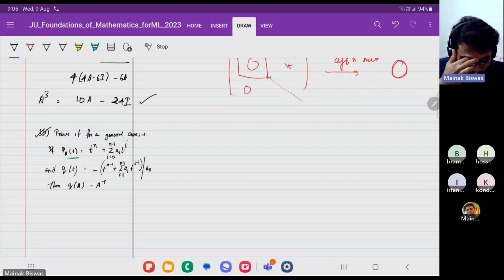I'm saying p_A(t) is some polynomial, that is the characteristic polynomial, right? And we want to show that there exists a polynomial q(t), given by t to the power n minus 1 and so on up to a0, such that q(A) is A inverse. How do you think I'll do it?